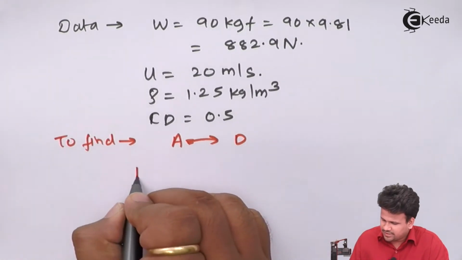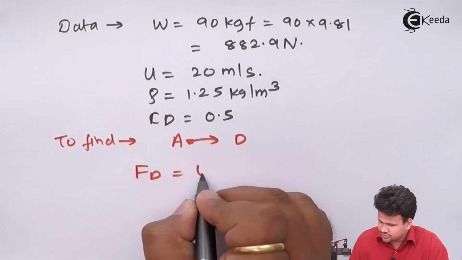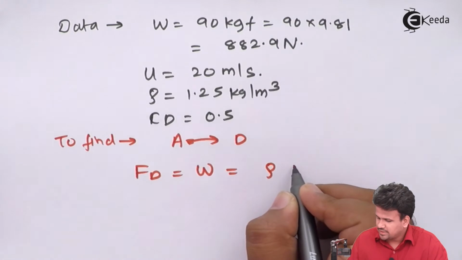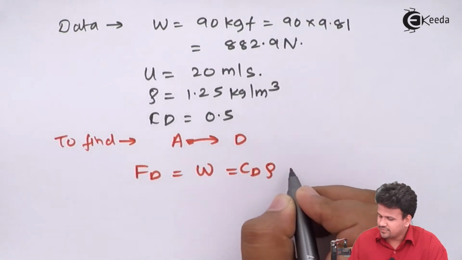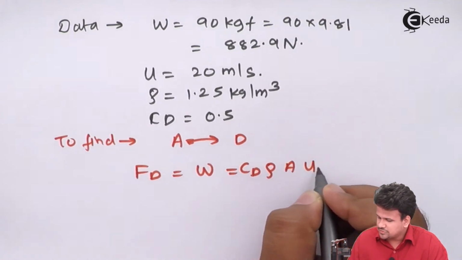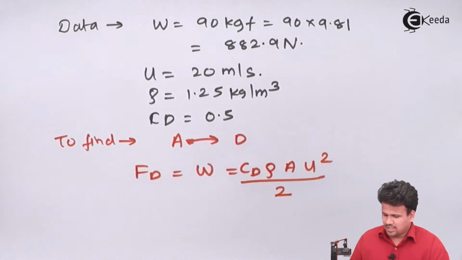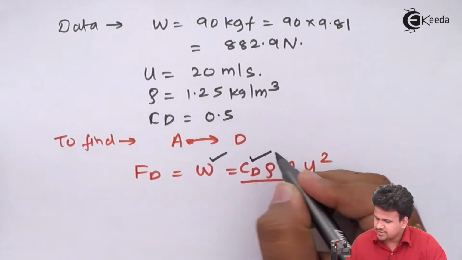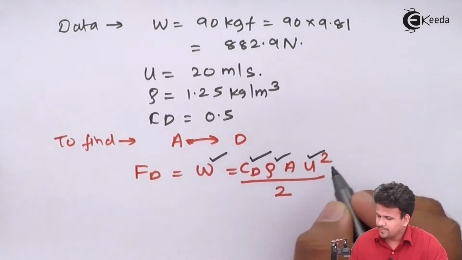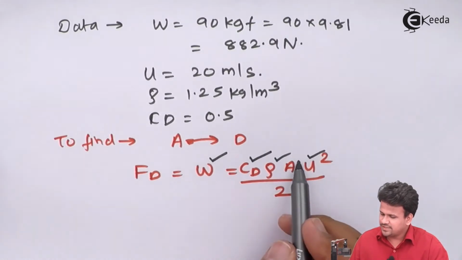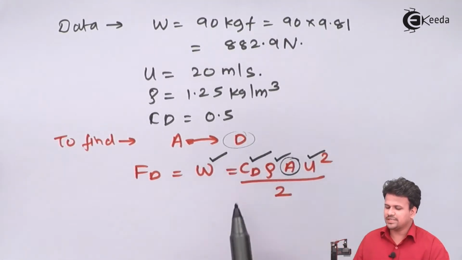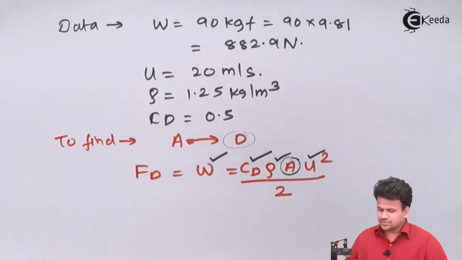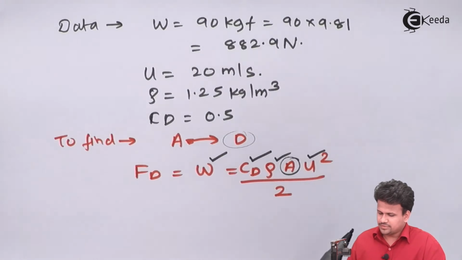We know that the drag force will be equal to the weight, and the drag force is also equal to the coefficient of drag, C_D, times rho A u square upon 2. Out of these we know the weight, C_D, rho and u, so we can calculate the area. Once we know the area, we can calculate the diameter of the hemisphere. So now let us calculate this part.